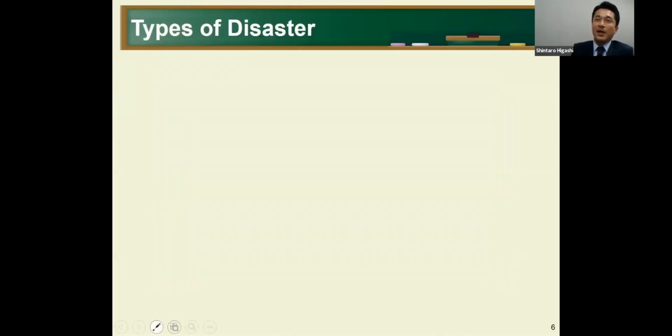First, regarding the type of disaster, I'd like to know your image of disaster. How about Mahi-san? I think that disasters are extreme events that can be caused by nature or man, and they cause a lot of loss of livelihoods and loss of property as well.